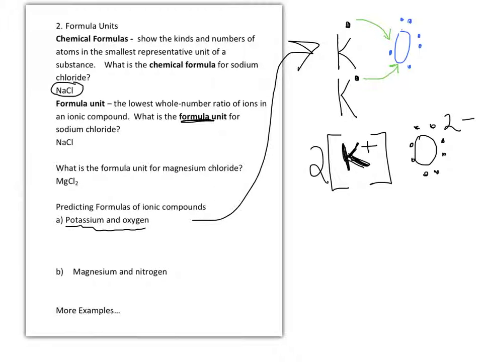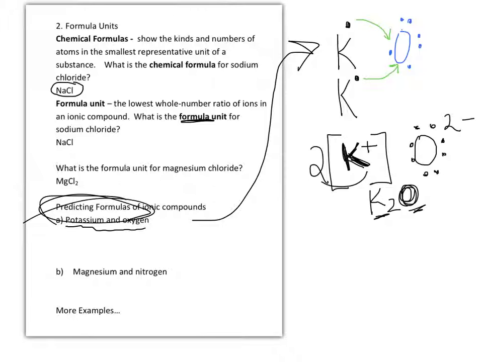So then, if we look at that, the whole point of this is predicting the formulas. So if we have 2 potassiums and 1 oxygen, the formula will be K2O. And you always have the cations first and the anions second, and that's why I have potassium on the left and oxygen on the right.